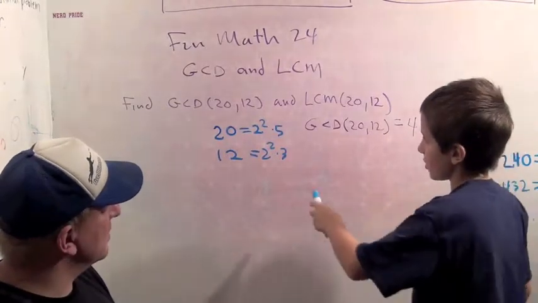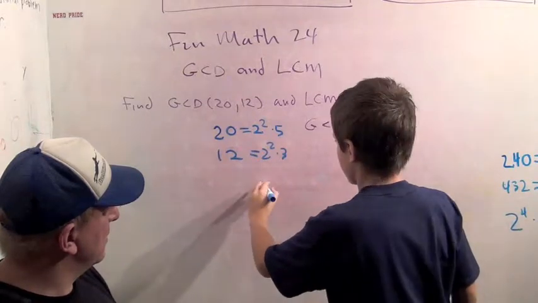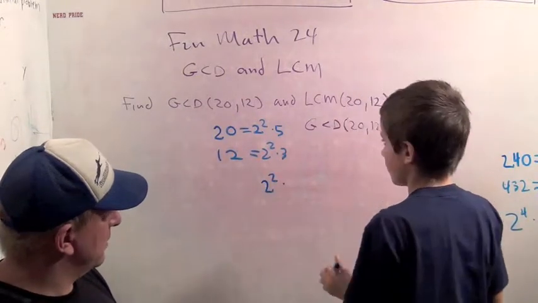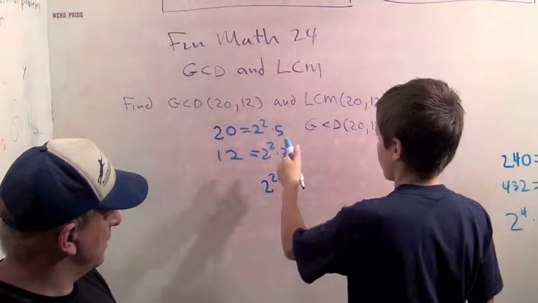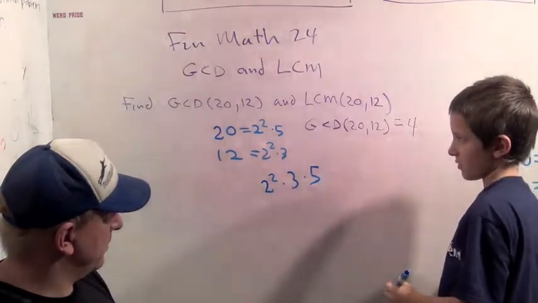All right, now find the least common multiple. Well, we need to take the largest power of 2 here, which is 2 squared. And the largest power of 3 is 3. Largest power of 5 is 5. We get 2 squared times 3 times 5.